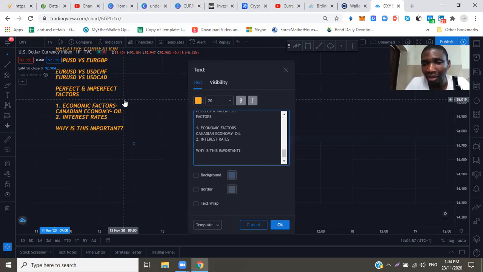Another thing is, if you take both of them at the same time, for the purpose of diversification of your trading pairs, it may not be the smartest idea to buy AUD/USD and buy NZD/USD at the same time. Because if one is a losing trade, the other one will be a losing trade.